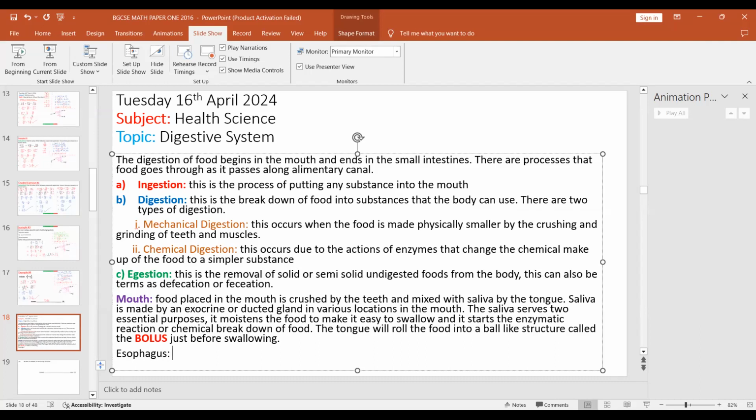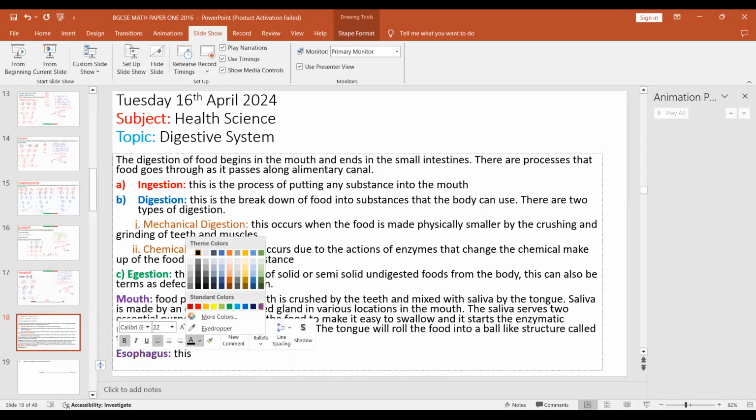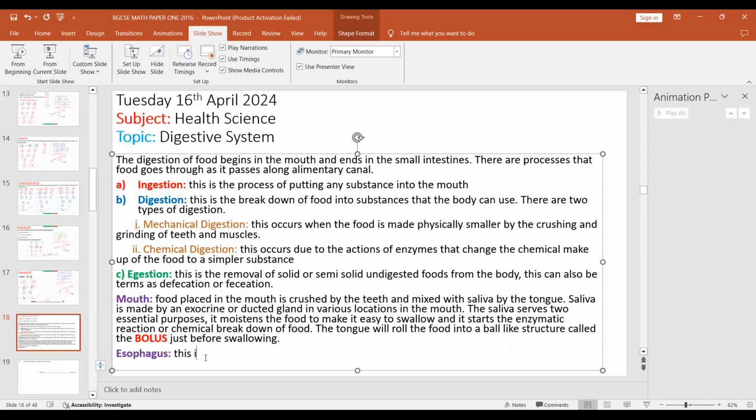Okay, so let's talk about the esophagus. This is a long tube, right? The esophagus is a long tube covered by smooth muscles and extends from the mouth to the stomach.